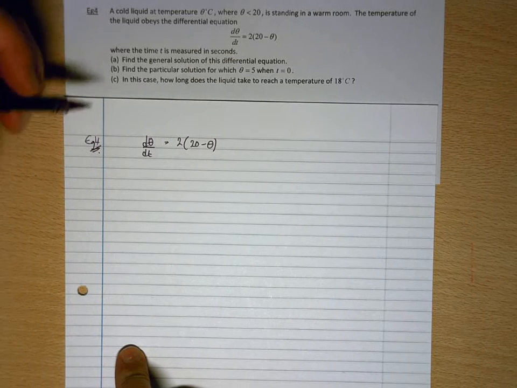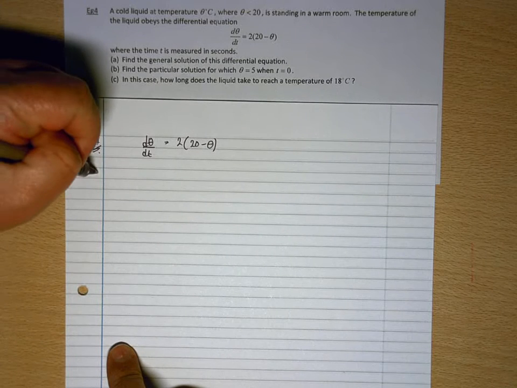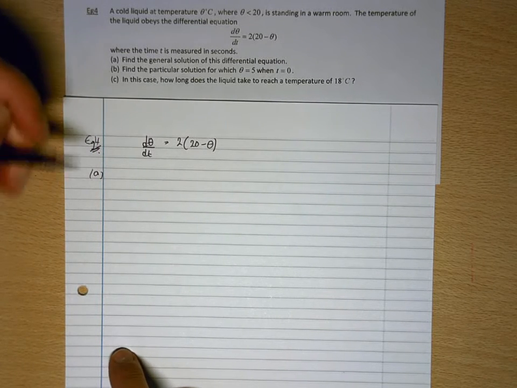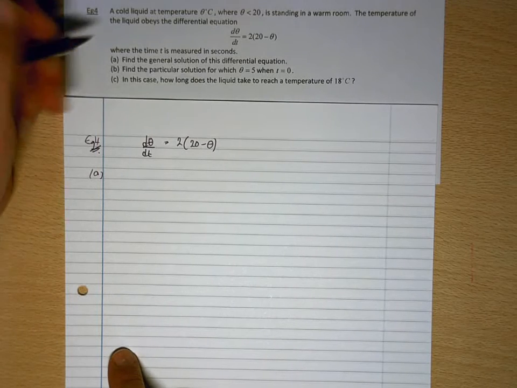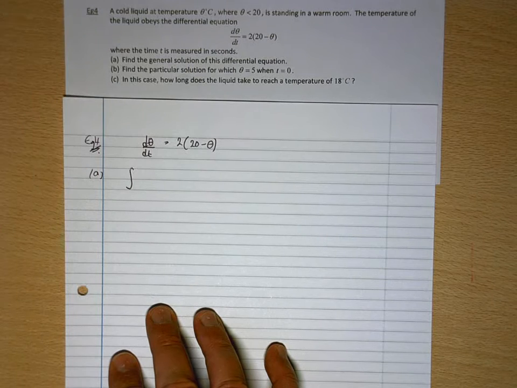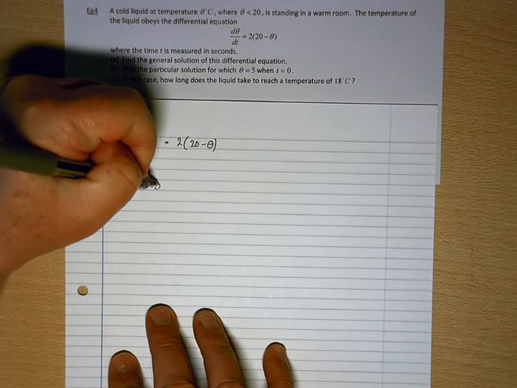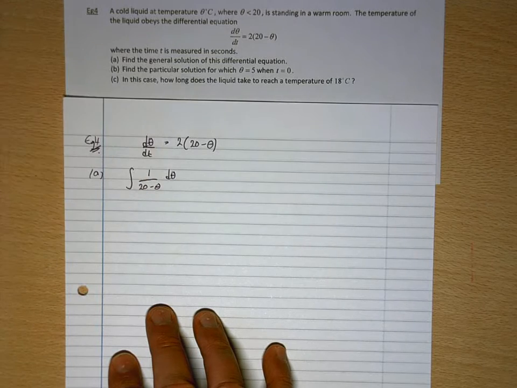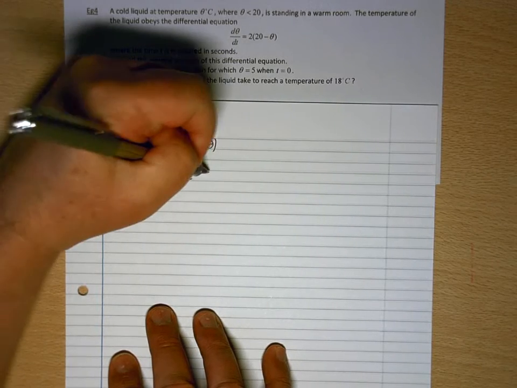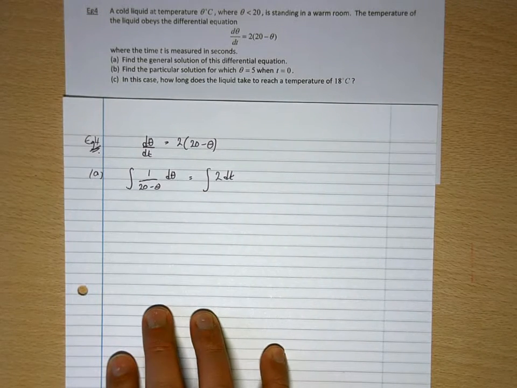So it's a general solution, so it will include a constant. It's a solution to a differential equation. I only know one way of doing that, which is separating the variables. So if I bring my theta across to the left hand side, I end up with that, and on the right hand side I end up with 2 dt.